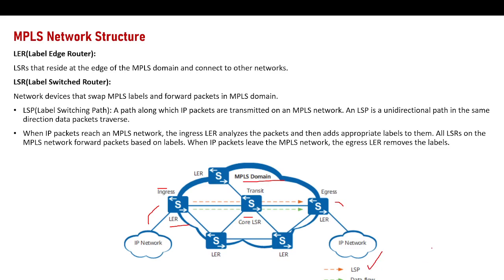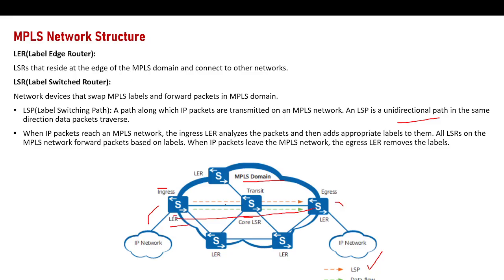This is the path along which packets are transmitted on an MPLS network, and it's unidirectional. Unidirectional means it can only go one direction. If you need bidirectional, then you need to deploy another LSP between the two devices.